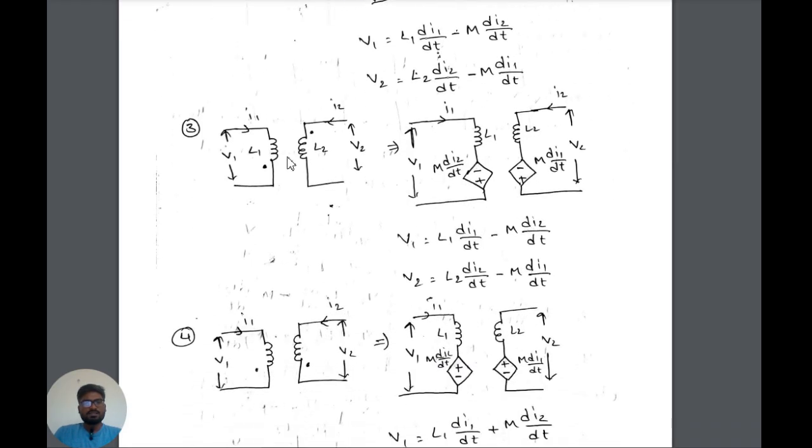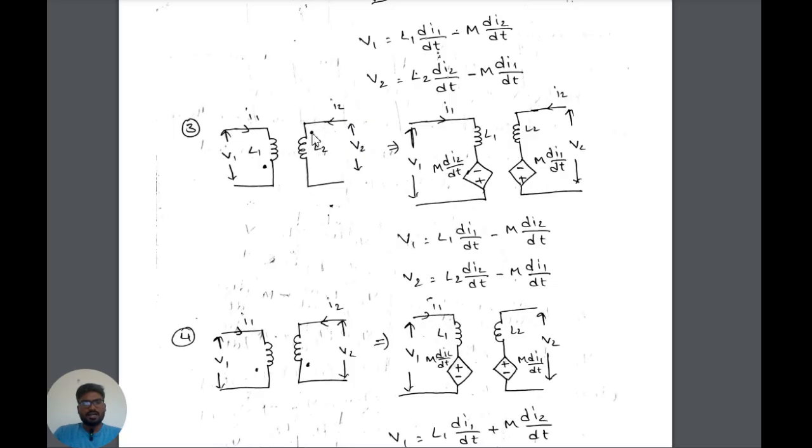And case 3 is if the current leaves the dotted terminal, the other side dotted terminal will be negatively assigned, and the equivalent circuit is drawn here. Similarly, here L1 is common. This mutual inductance is due to coil 1 mutual inductance. So we will consider I2.